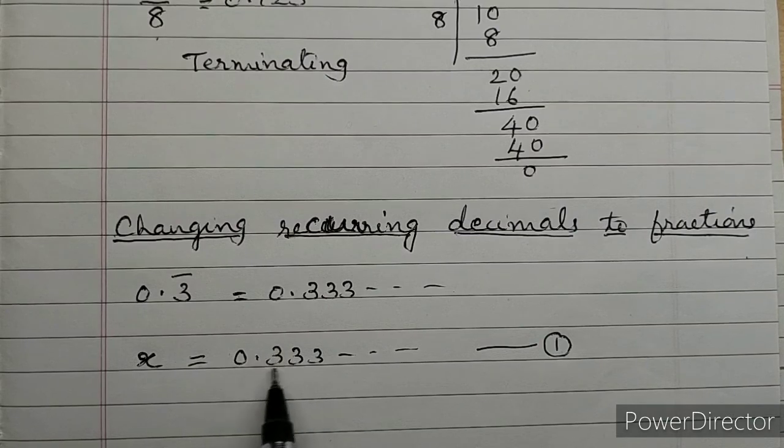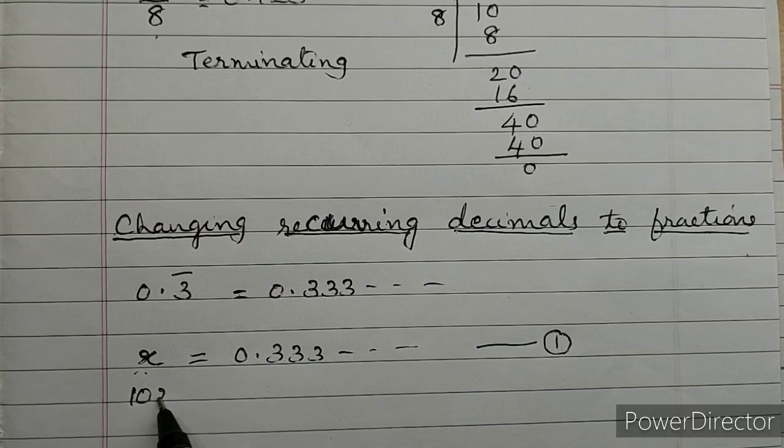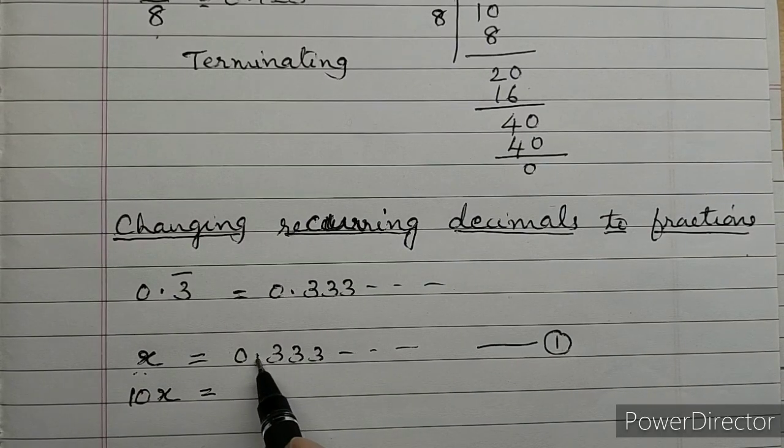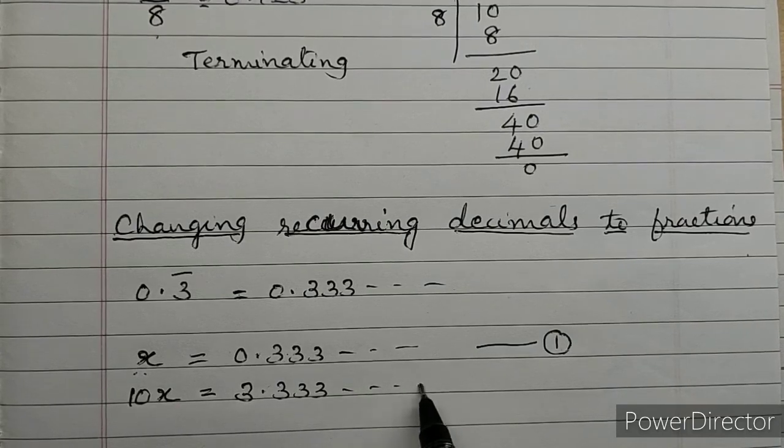Then here one number is repeating or recurring. So if one number is repeating, you have to multiply both left hand side and right hand side with 10. So 10 into x is 10x equals, when you will multiply with 10 here, this point will jump one division front. So that means 3.333 etc.